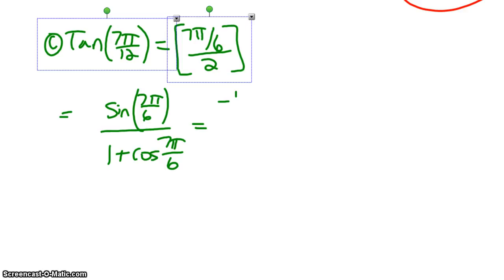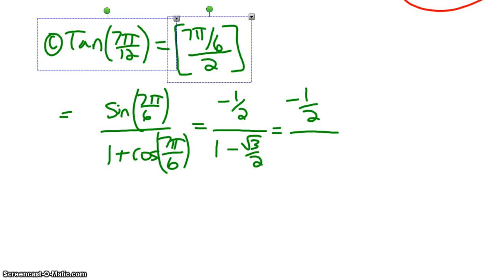Now, what do we get for sine of 7 pi over 6? We get -1/2. And for our 1 plus cosine of 7 pi over 6, we get 1 minus radical 3 over 2. Once again, I would simplify. I'll do at least a step here. A common denominator giving me 2 minus radical 3 all over 2.